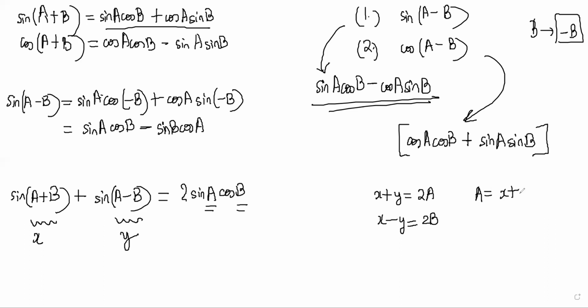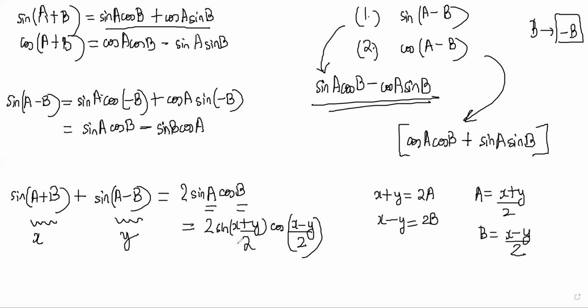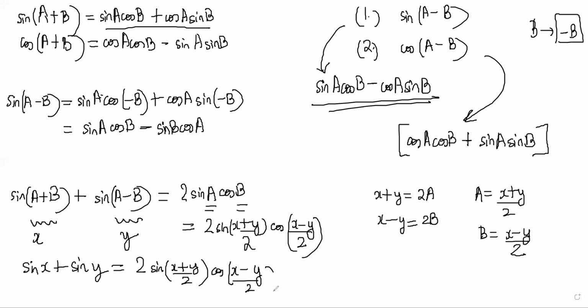A is equal to X plus Y by 2 and B is equal to X minus Y by 2, right? So this is equal to 2 sine X plus Y by 2 cos X minus Y by 2, right? So you're getting a new formula, sine X plus sine Y is equal to 2 times sine X plus Y by 2 cos X minus Y by 2, right?